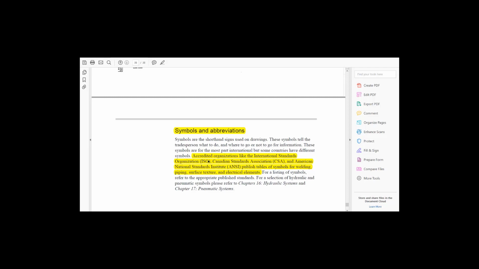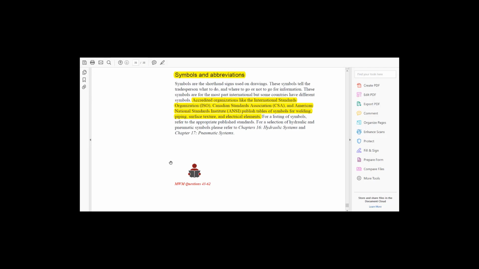Again, it's the ISO, International Standard Organization, the Canadian Standards Association, and the American National Standard Institute. Those three institutes make symbols that can be read by anyone throughout the world. They're all consistent and they assist us with identifying components of different systems.